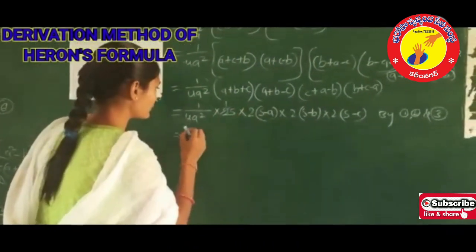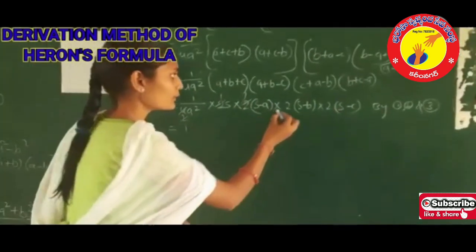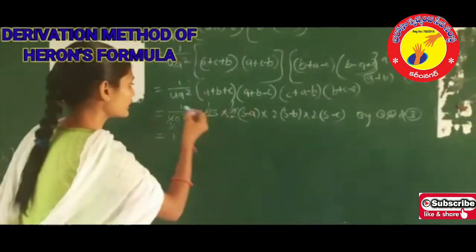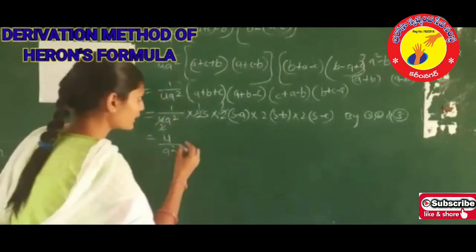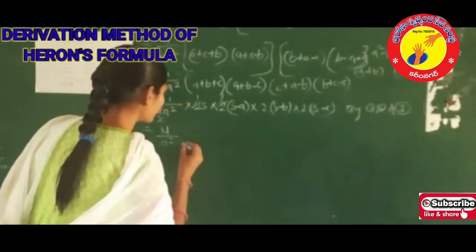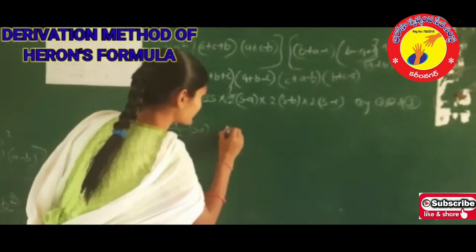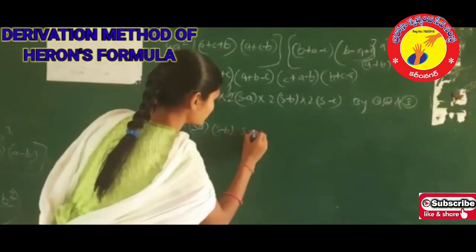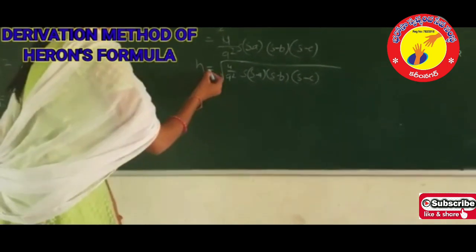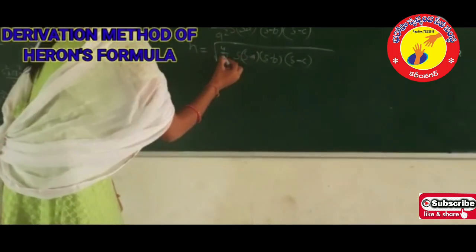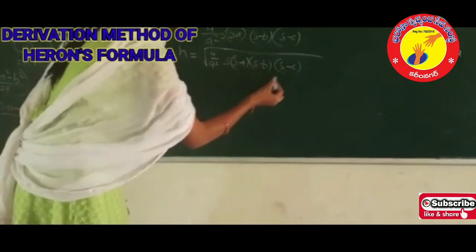Cancel that. 1, 2, 1. 2 into 2 we get 4. So 4 into 1, 4 by a square. And here the remaining part we get s minus a, s minus b and s minus c. So x square is under root of 4 by a square, s of s minus a, s minus b and s minus c.